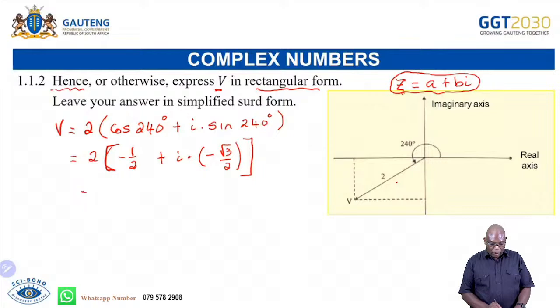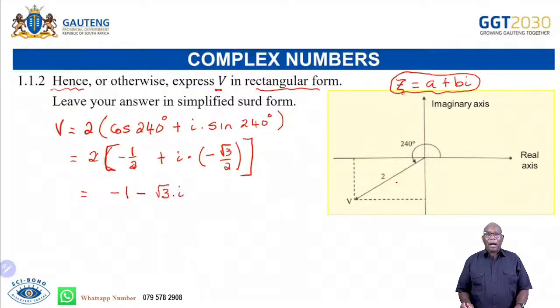The 2 cancels out, so I'm going to have negative 1. The 2 is positive, and the negative times that positive outside 2 will give me a negative. So that will be negative 2, and that 2 cancels out. So therefore what is left is the square root of 3. Remember, we need to multiply that by I.